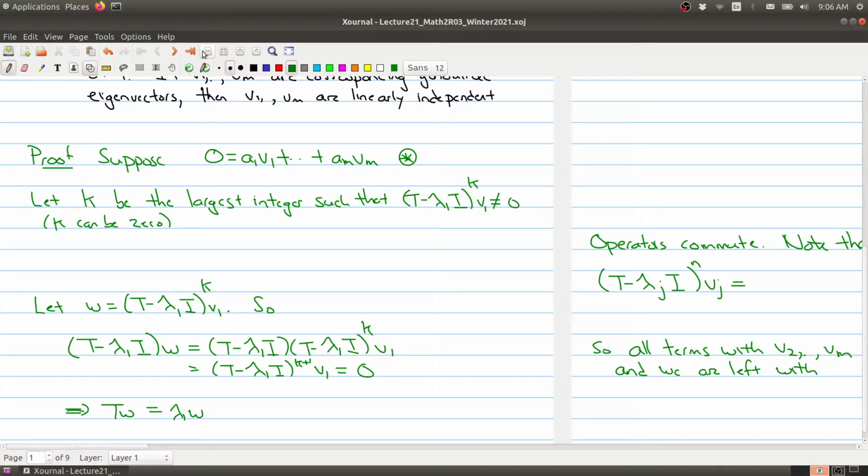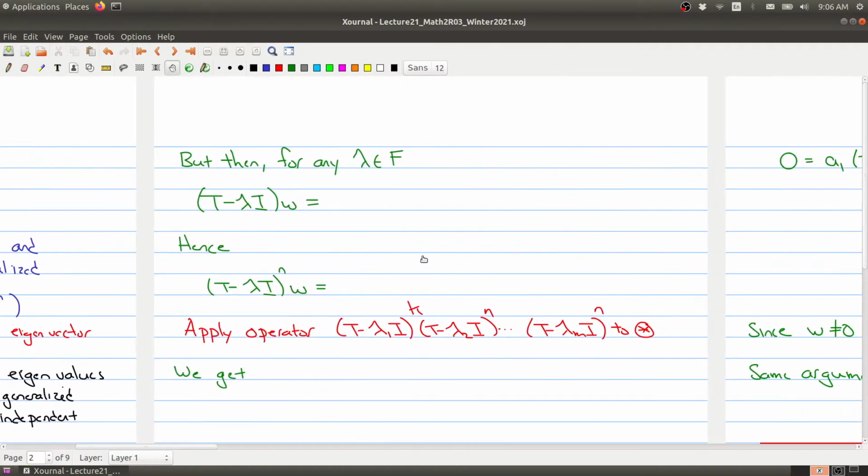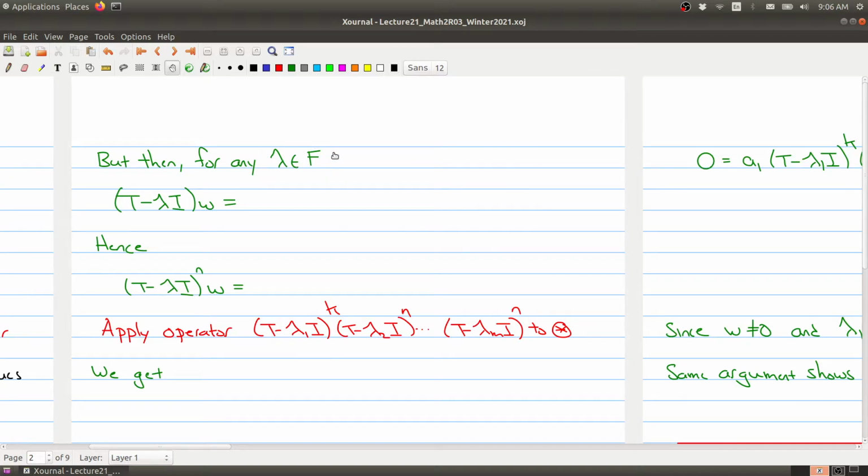Let's put that to the side for a second. We know T evaluated at w is lambda 1 w, and w is this particular vector. Carrying on, now we look at any number lambda, and at what happens when we take (T minus lambda I) evaluated at w as well.